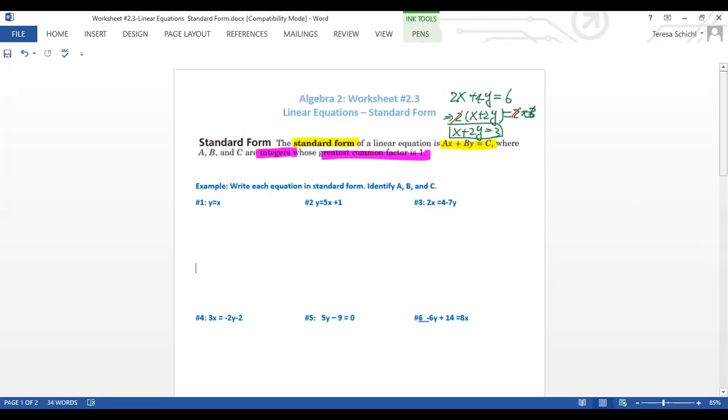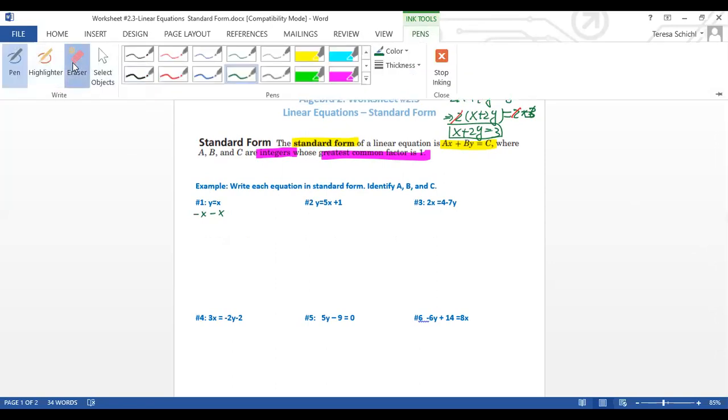Problem number 1: y equal to x. Remember, I need to change everything to ax plus by, so I need to move the x and y to one side. I can subtract x from both sides.